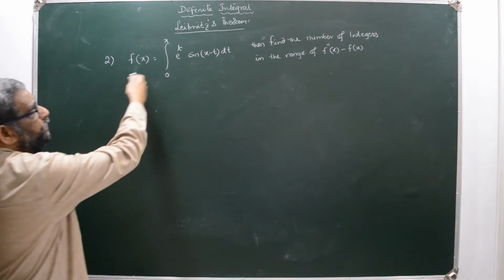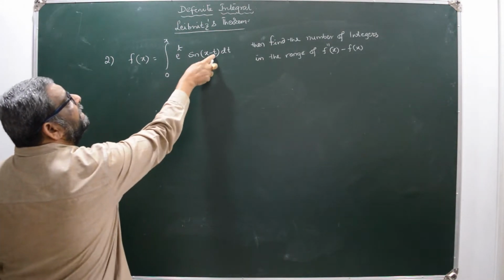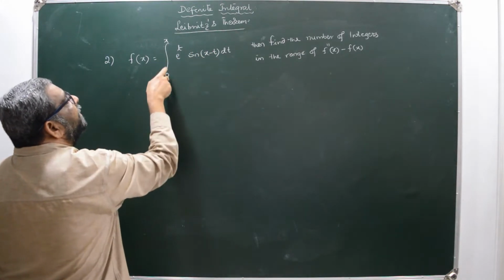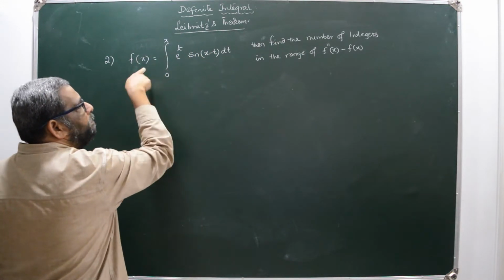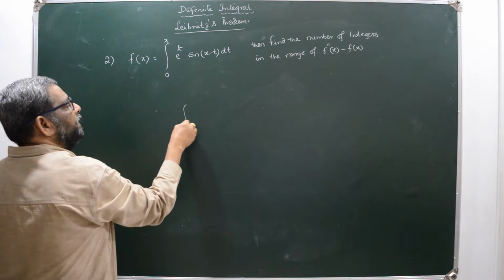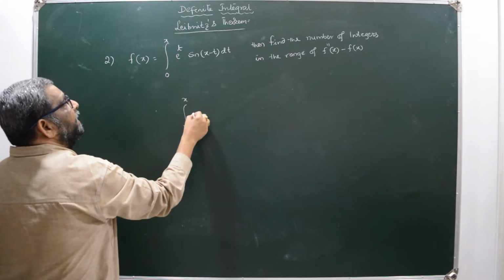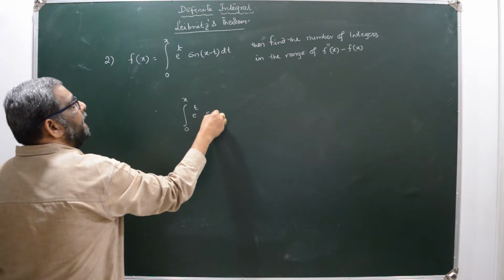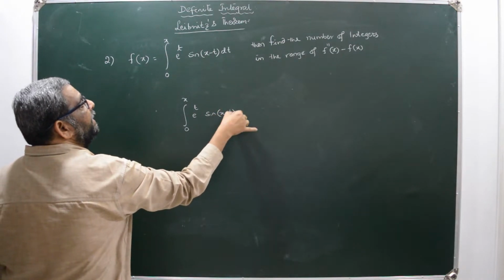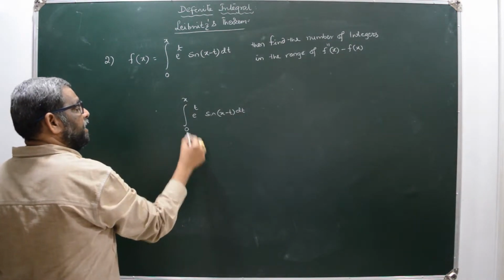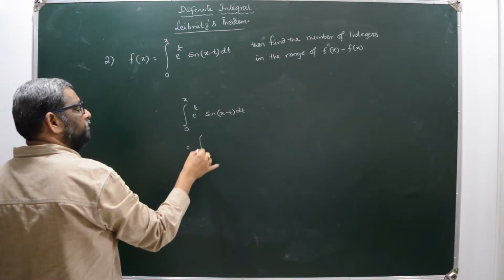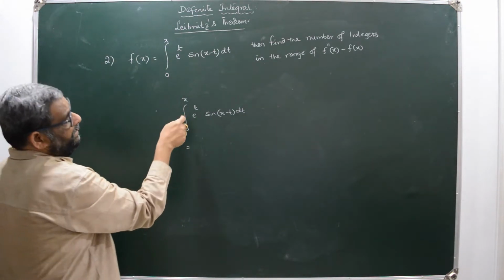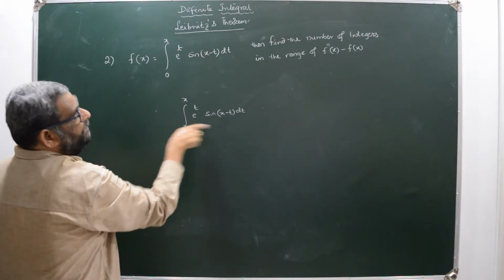Now directly if you differentiate, here there are two variables x and t. If you apply the Leibniz's rule, it will become integral u(x) to v(x) f(t) dt.